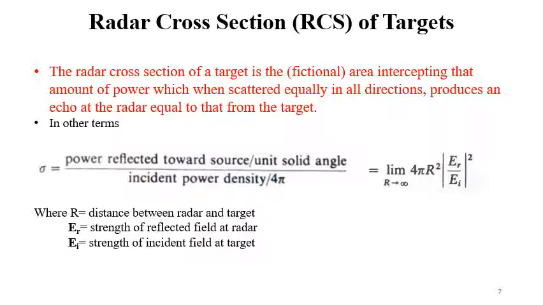So in other way we can represent it as sigma is the RCS, power reflected towards source per unit solid angle divided by incident power density divided by 4 pi. Mathematically we can write it in this way: limit R tends to infinity 4 pi R square mod of E_r by E_i whole square, where E_r is the strength of reflected field at radar, E_i is the strength of incident field at radar, R is the range. So this is how we define the radar cross section of a target.